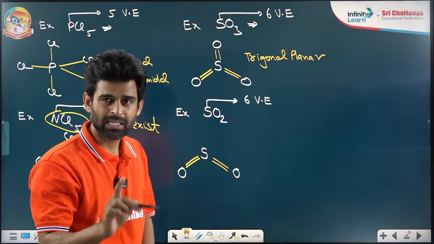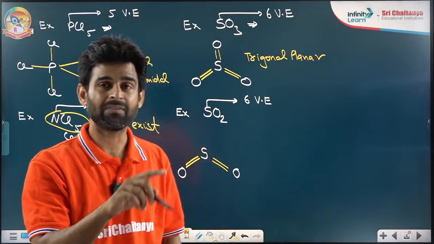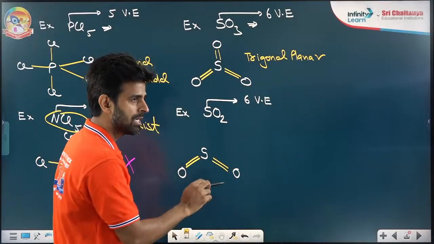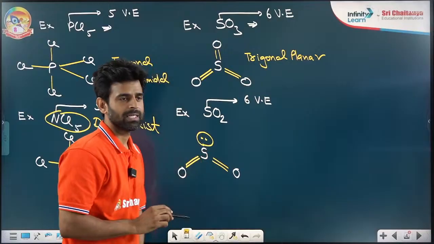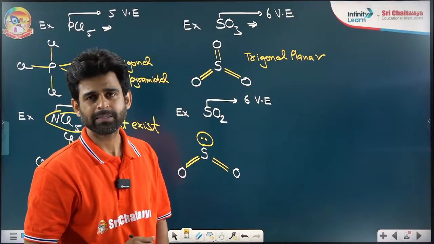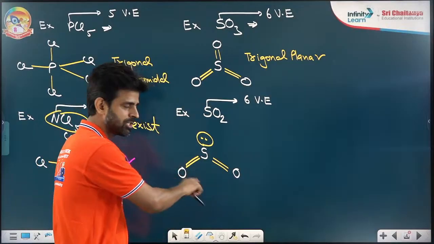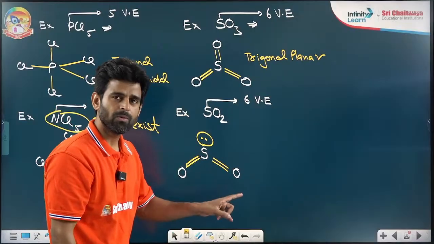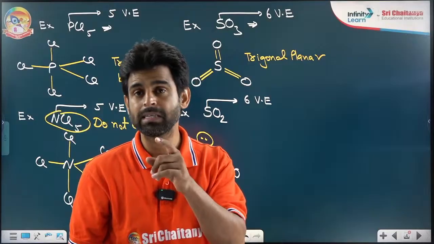Out of 6 valence electrons, 4 are used in making 4 bonds. Out of 6, 4 used, so 2 left. Those 2 left will be present as a lone pair, right? So if I count, total bond is 4, and we know in a double bond one is sigma, one is pi.